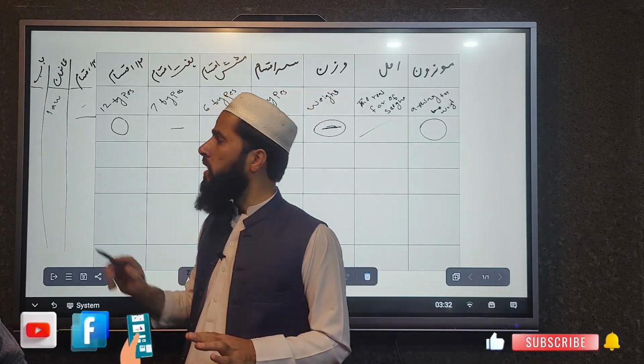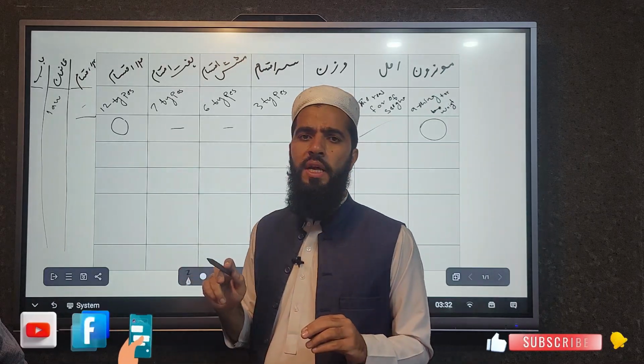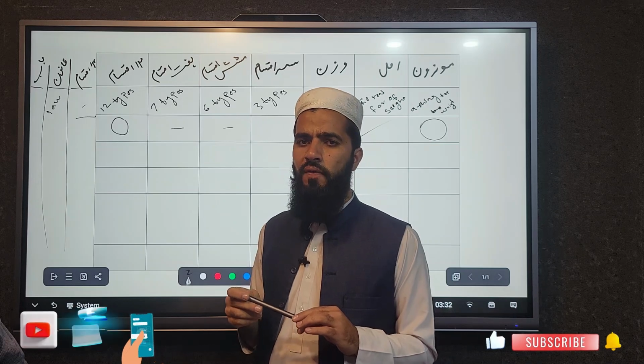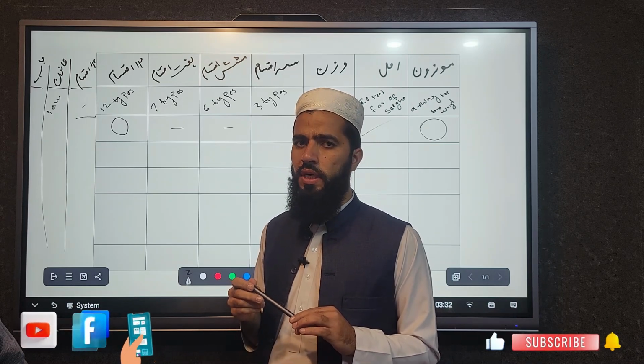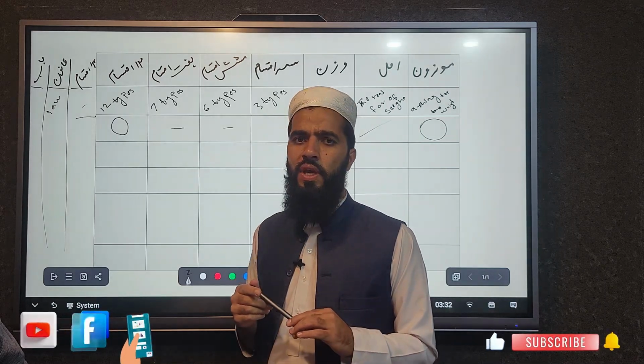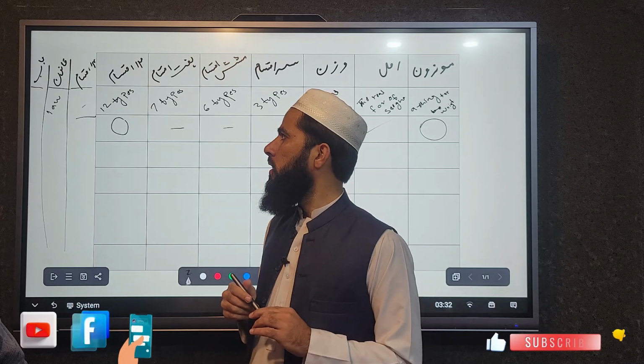And in the Qanun section we will write which law of Sarf is applying to the sigha.